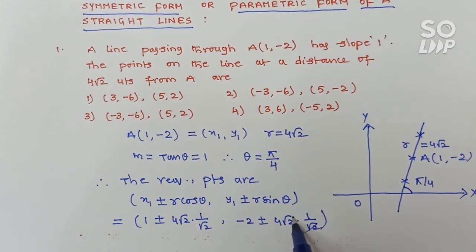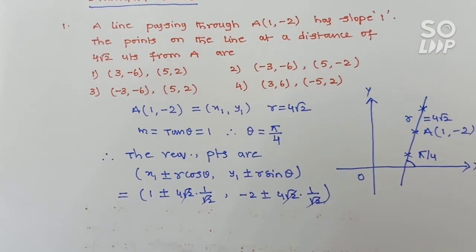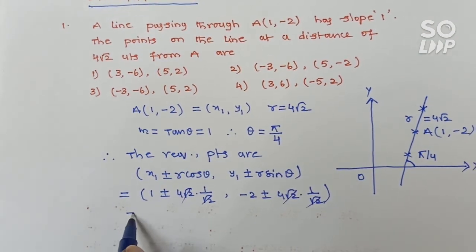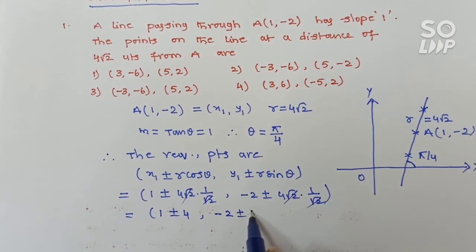So here root 2 cancels. So the points become 1 plus or minus 4, comma, minus 2 plus or minus 4.